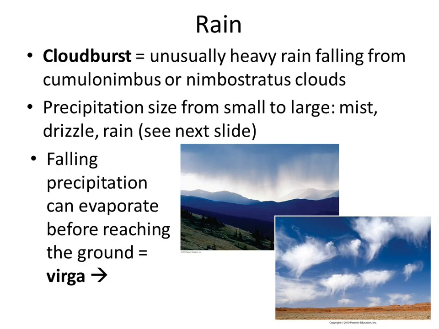So with dry air, the precipitation is evaporating before it hits the ground. Evaporation is going back into a gas. It could either be evaporating or subliming if it's ice.